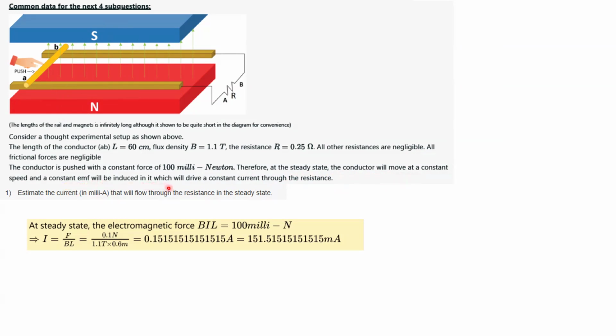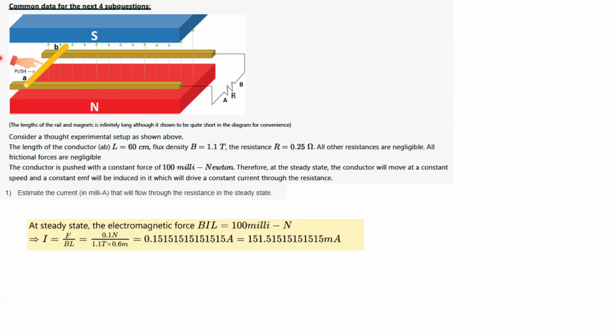So what is happening is that you are using some force to push this conductor.